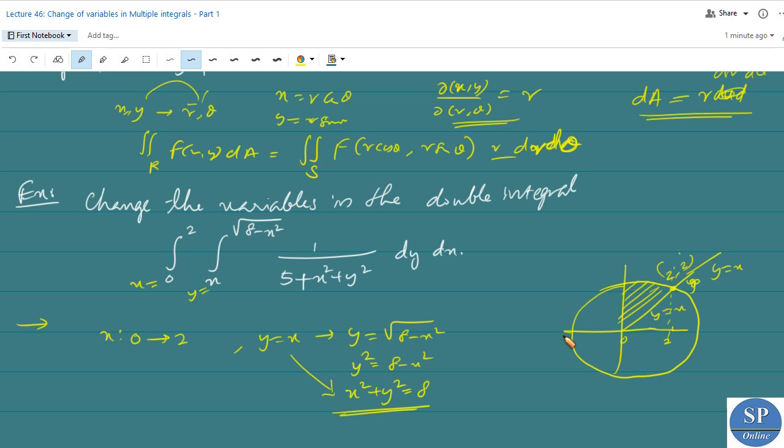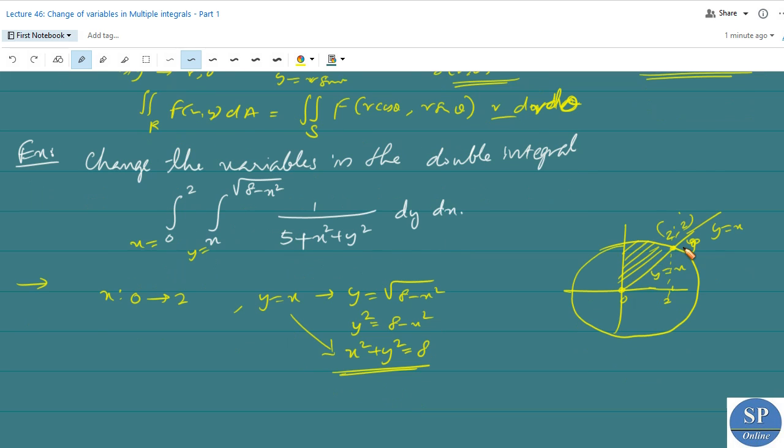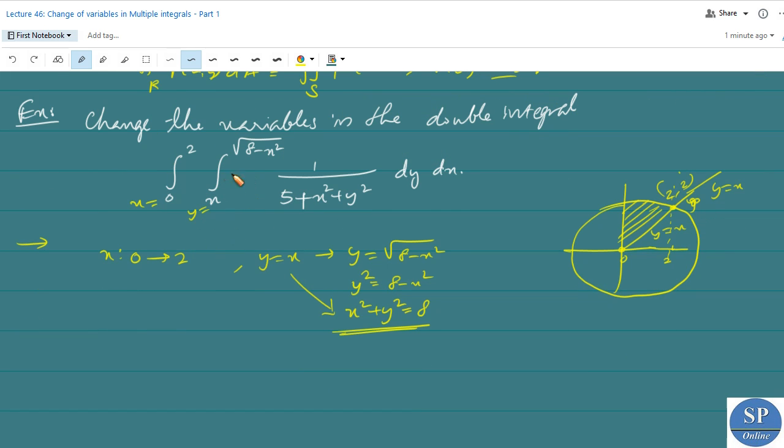Now this is a circle with radius square root of 8 and center 0, 0. If you want to integrate this function, it is better to convert into polar coordinates.